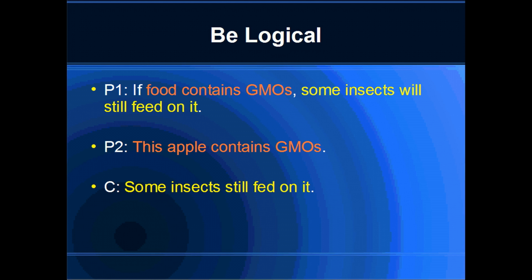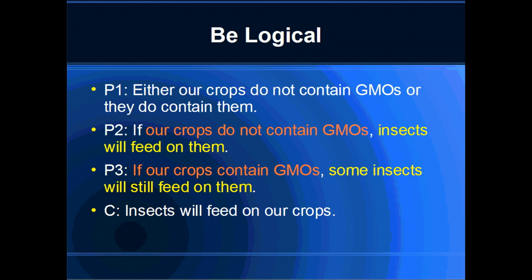Now, having said that, I want to give you a little bonus argument. It consists of both a disjunctive proposition and a couple of conditional propositions. Premise 1, either our crops do not contain GMOs or they do contain GMOs. One of those has to be true. Premise 2, if our crops do not contain GMOs, insects will feed on them.